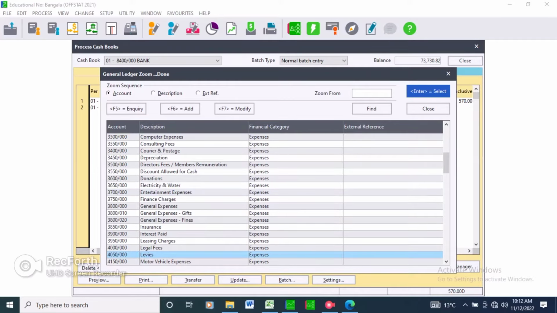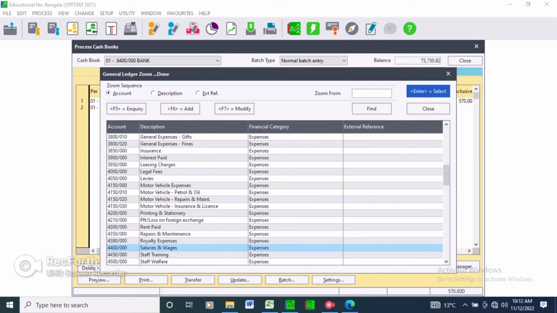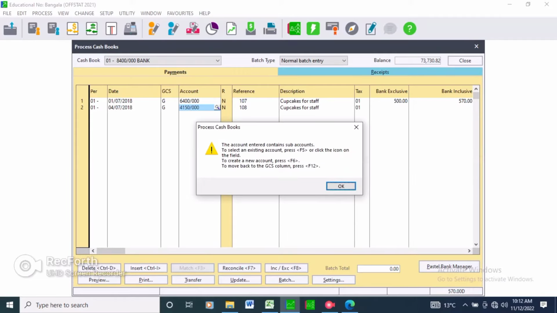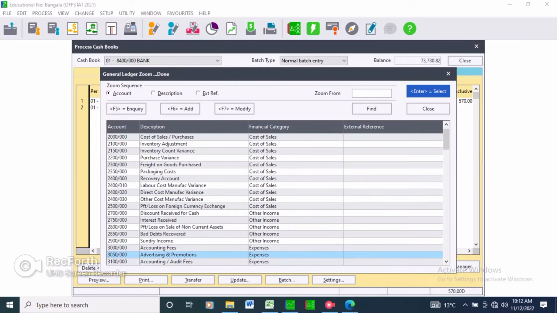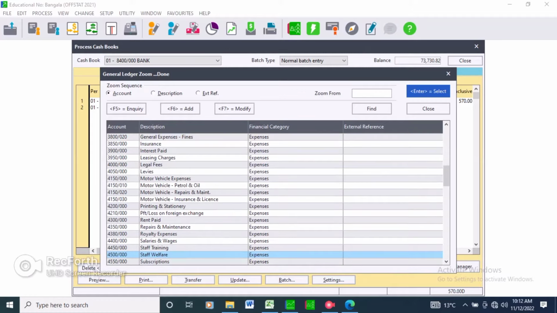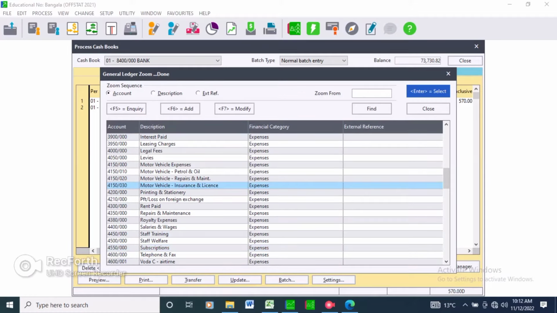Okay, let's check. It doesn't allow me to record, but this is a motor vehicle at cost, guys. I don't know why it doesn't allow me to record under motor vehicle expenses, because this one is for petrol, maintenance, insurance and licensing. Still fine, just because we're paying for vehicle licensing, guys.